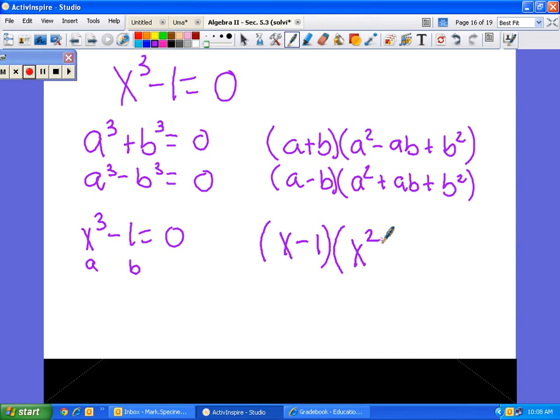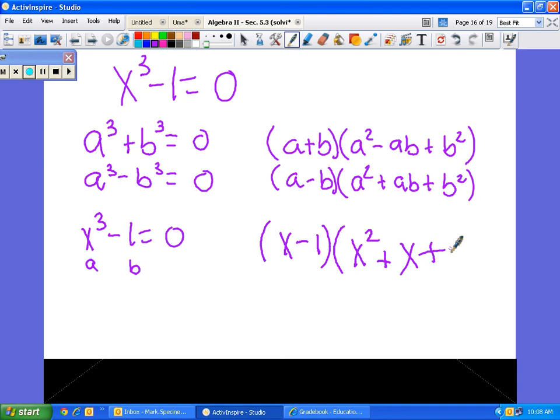My second factor, which is a trinomial, is I take the A value and I square it. What is x squared? x squared is x squared. Notice, if the sign in my first term is a minus, the sign in my second term is a plus. It's the opposite. The middle term, I simply multiply the A and the B together.